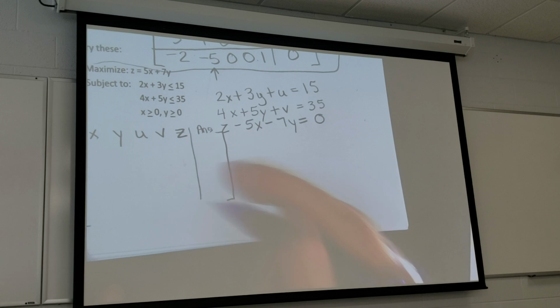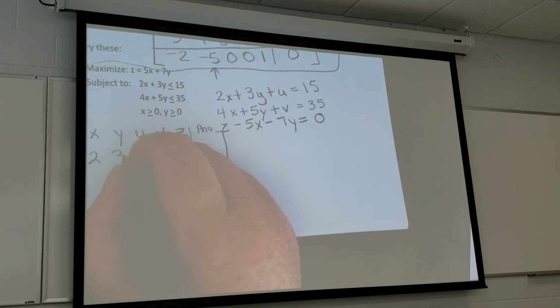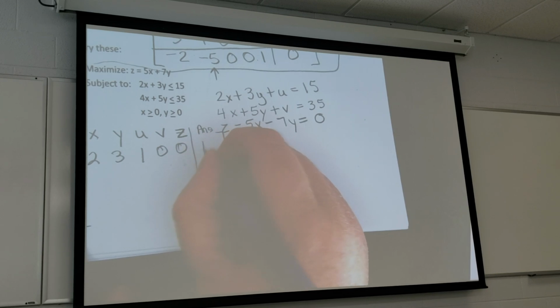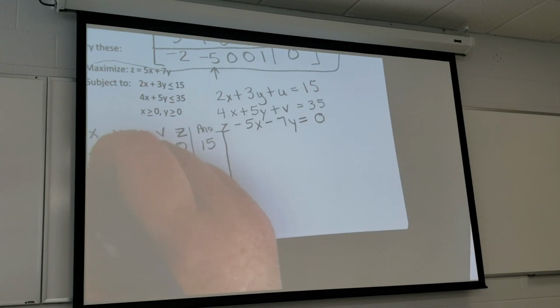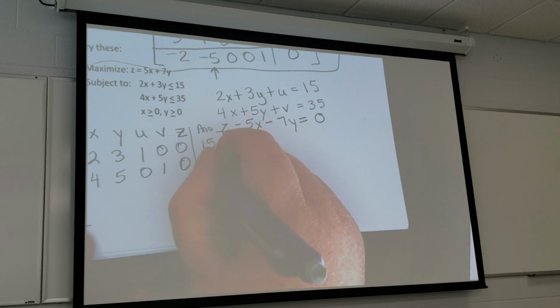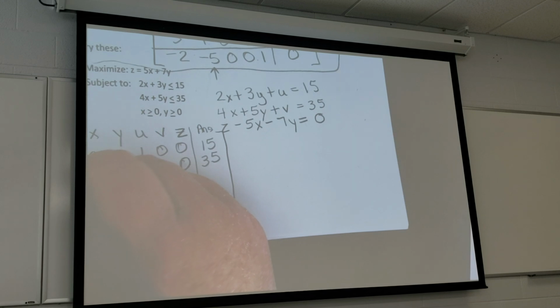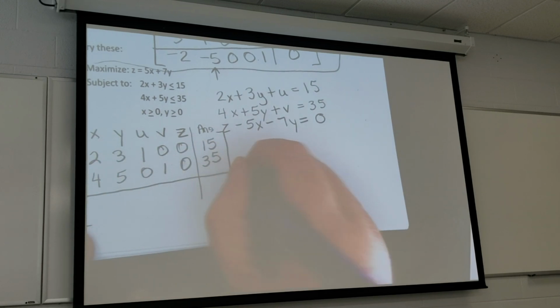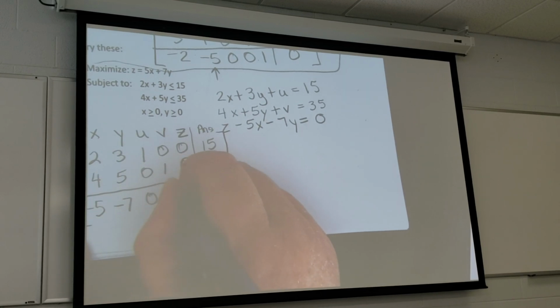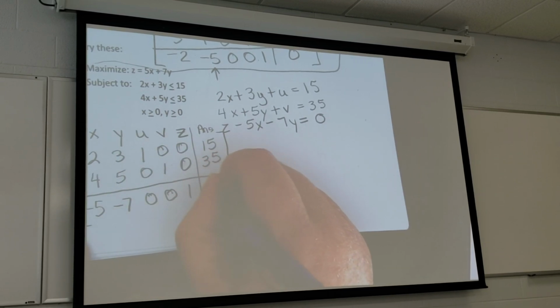Alright, so I have 2, 3, 1, 0, 0, 15. 4, 5, 0, 1, 0, 35. Then my objective function, -5, -7, 0, 0, 1, 0.